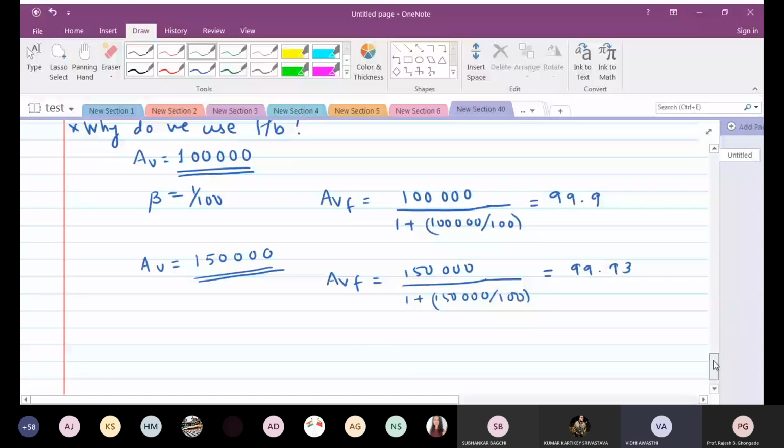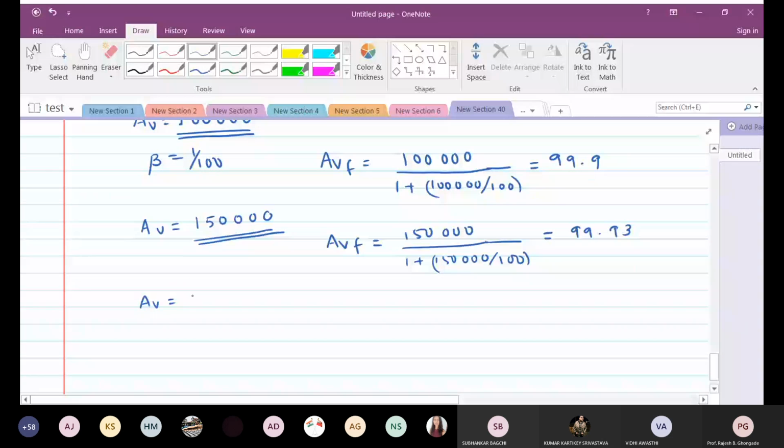Suppose you take another transistor, and because of the variation in HFE, now I get a gain of only 50,000. Can you calculate AVF?